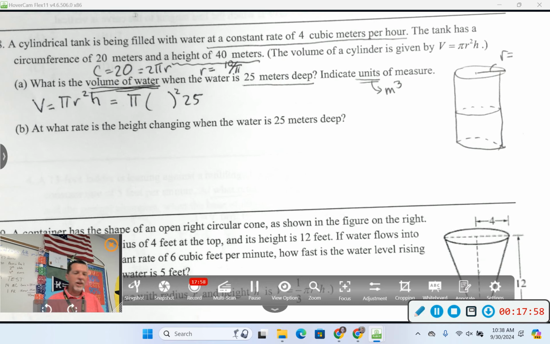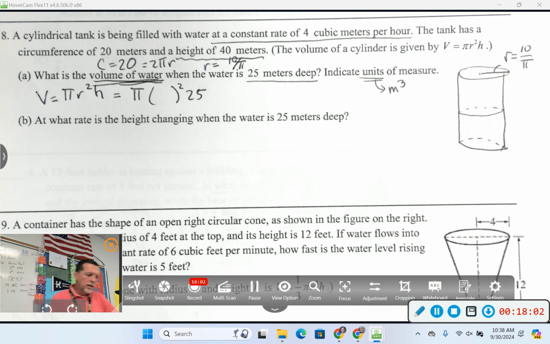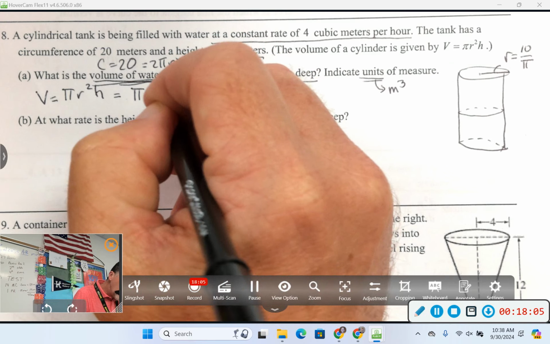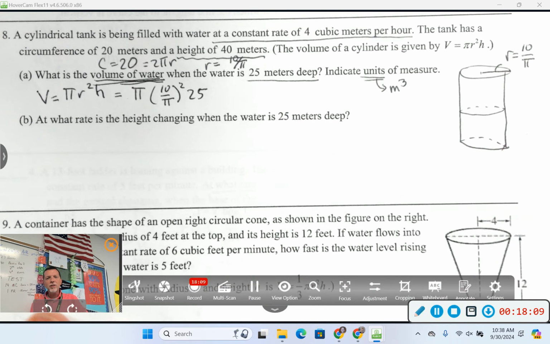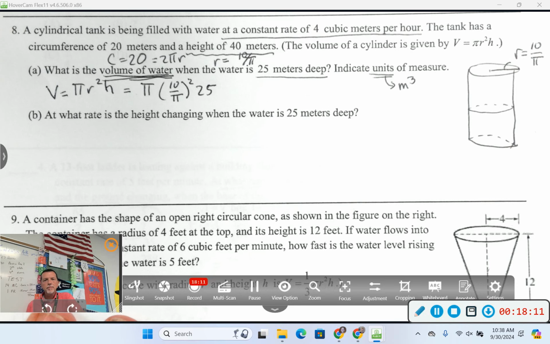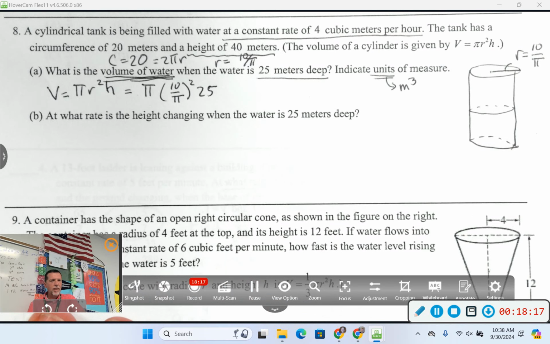That's kind of an annoying radius to have. Oh, but this is a free response question, so I am done. That's an ugly number, but pi r squared h, we're good.